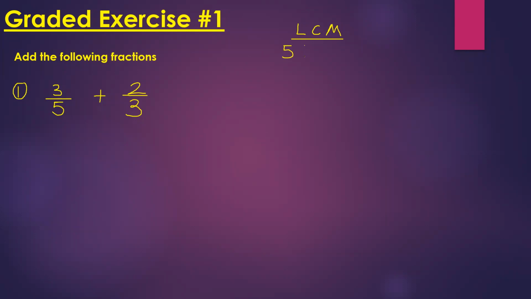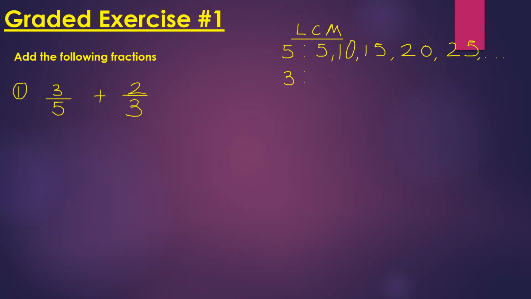What are the multiples of 5? Chai. 5, 10, 15, 20, 25, 30, 35, 40, 45, 50, 55, 60. Very good. 5, 10, 15, 20, and 25. We could continue on, but we stop there. All right, then the multiples of 3.